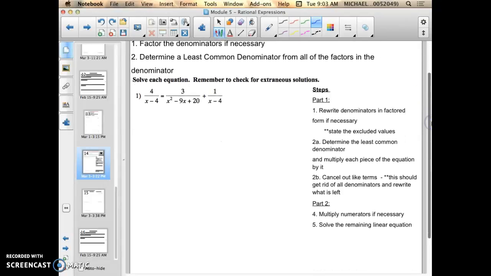I've laid out the steps on the right hand side here, and I've put them into two parts. Part 1 contains the new learning, and part 1 is going to get something like example 1 here. If you notice, this is a rational equation because it has numerators and denominators. So the goal of part 1 is to get rid of all of the denominators, to cancel them out. And so you're familiar with something like x plus 3 plus 2 equals x minus 5.